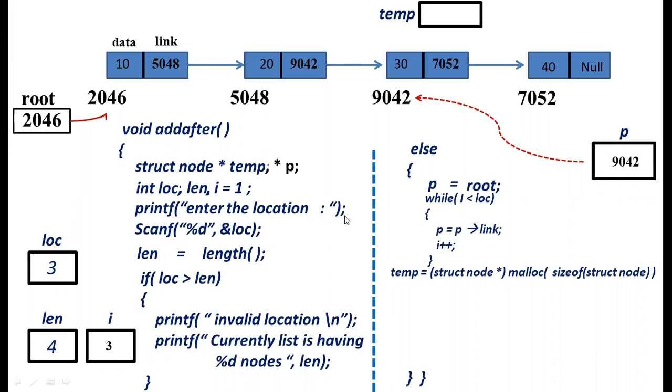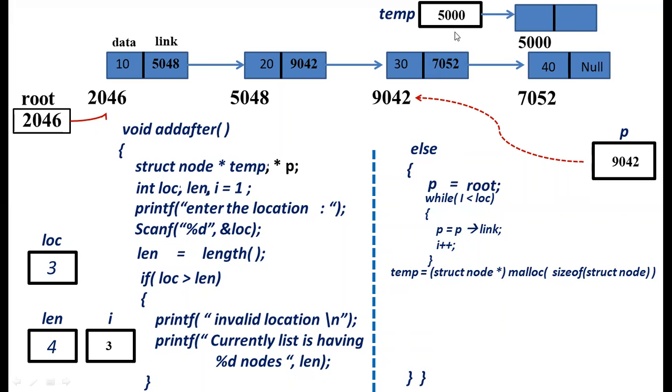Here dynamically a block will get created, with base address 5000. So temp holds the value 5000 temporarily. I need to write 5000 here because I am dynamically passing this into temp. So temp will be holding 5000.